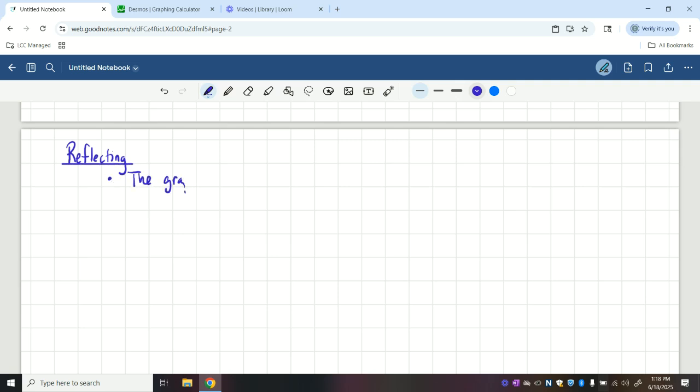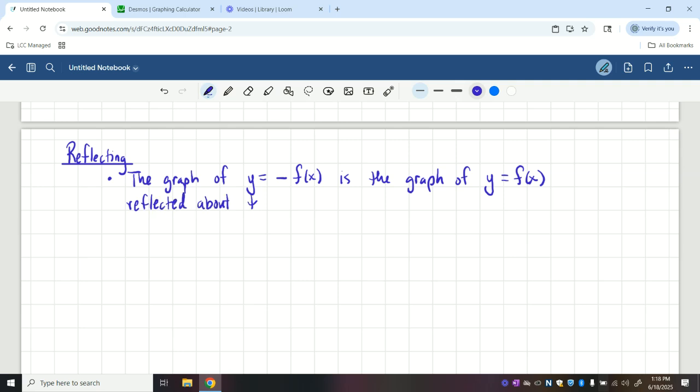The graph of y equals negative f of x is the graph of y equals f of x reflected about the x-axis.